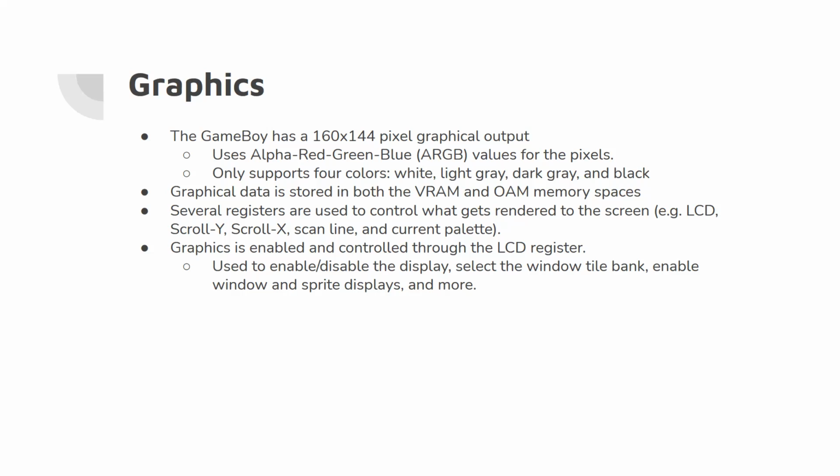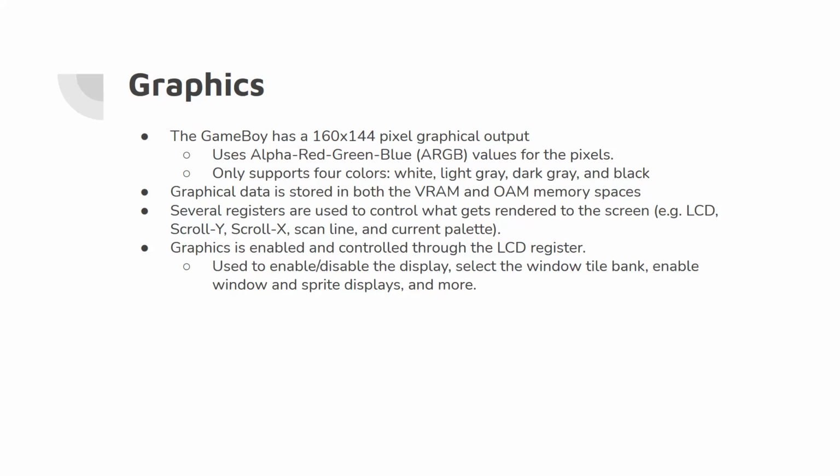Several registers can control what eventually gets rendered. We'll go further in the next slide, but like LCDC, scroll Y, scroll X, scan line, current palette, window position X, window position Y, all of those are used to control what gets rendered.